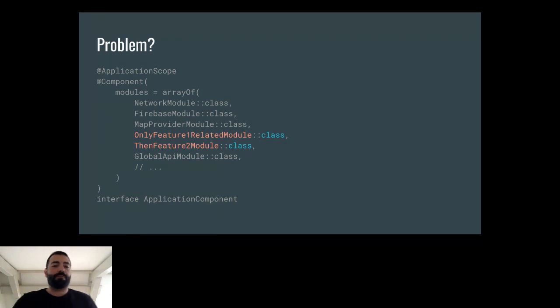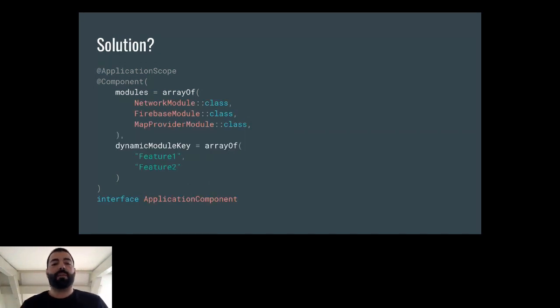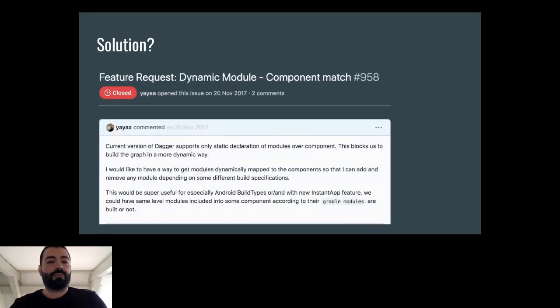So what if we had something like, okay, you define your static modules here, and I don't know the entire set of modules, but I know that there will be some other modules coming in as plug-ins here. And then you say, whatever module defines this key, also consider it part of this component, right? So this was a proposal I put up like 3 years ago.